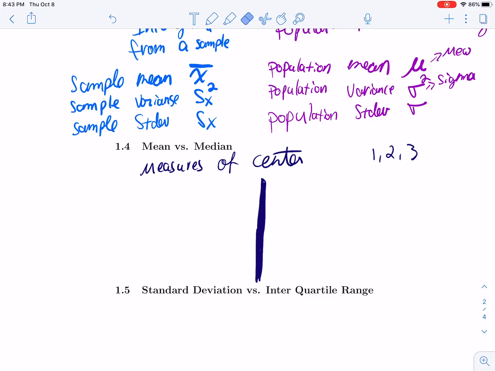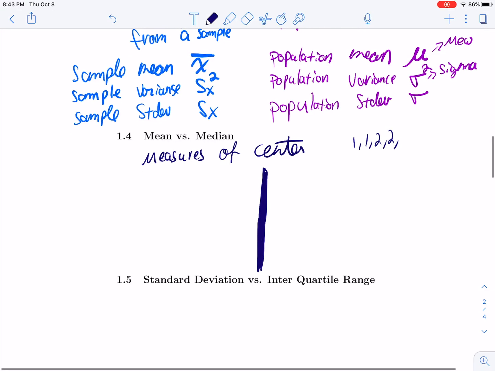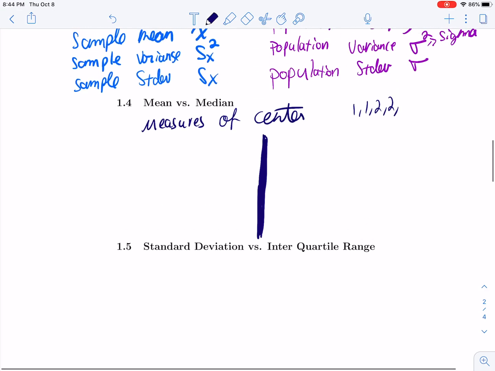Well, maybe the example is a little small. If I did 1, 1, 2, 2, 2, 3, 3, and I kind of want to know what most people are doing in here. Again, the median and the mean are both 2. And that could tell us most people are kind of close to 2, right?